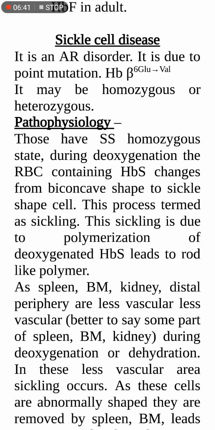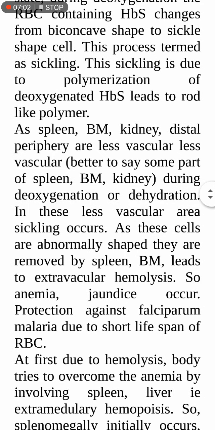This sickling is due to polymerization of deoxygenated hemoglobin S, which leads to rod-like polymers. As the spleen, bone marrow, kidney and distal periphery are less vascular, during deoxygenation or dehydration, in these less vascular areas, sickling occurs.